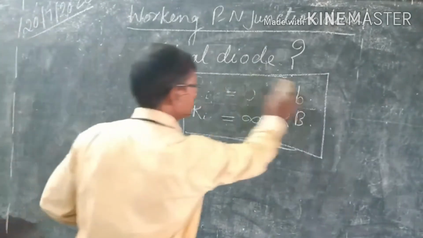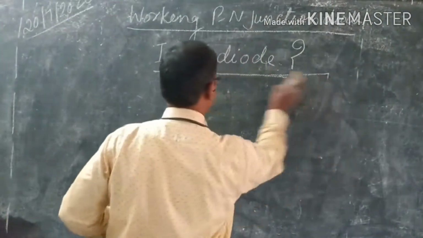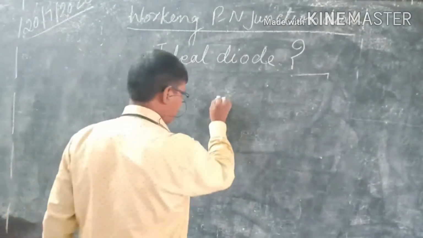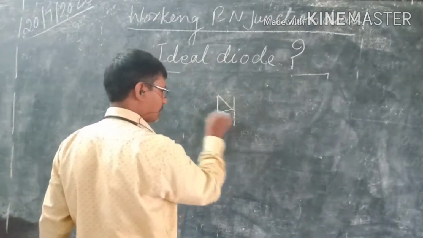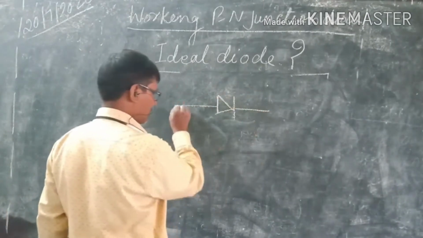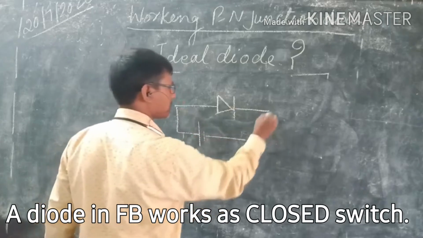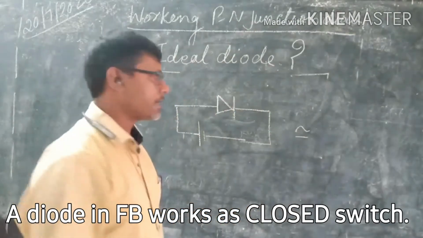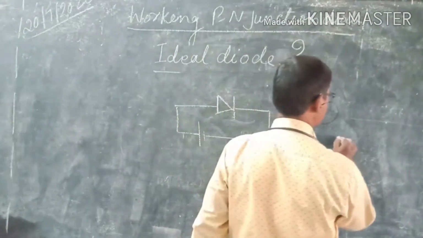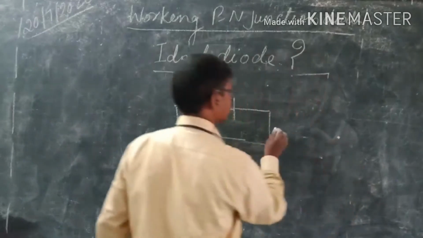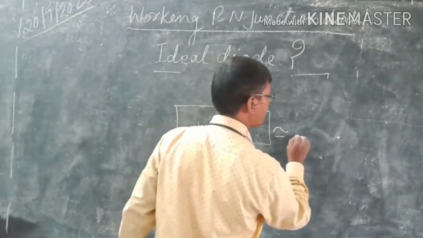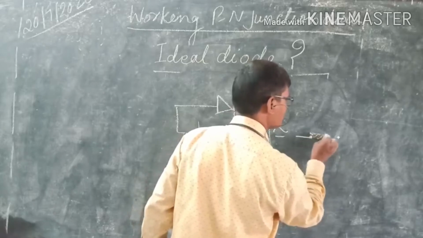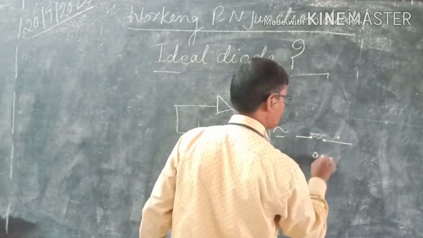Similarly, another point you should note, that a diode in the forward bias is equivalent to an on switch.